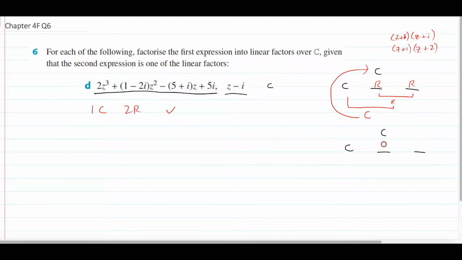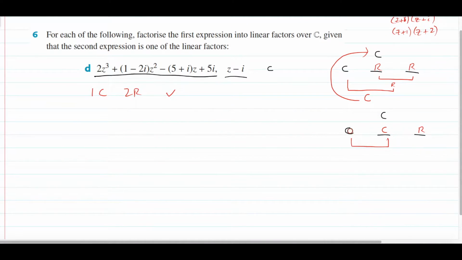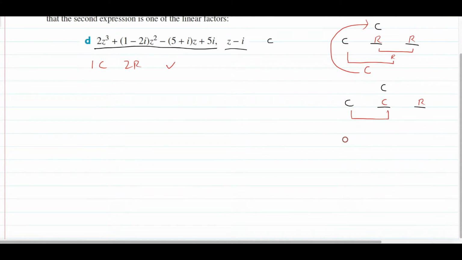Let's try maybe two complex and one real, okay? If you multiply complex by complex terms, it depends. If these two complex terms are conjugates, for example z plus i times z minus i, you'll get z squared minus iz plus iz, so that cancels out, and then you have negative i squared, which is plus 1.